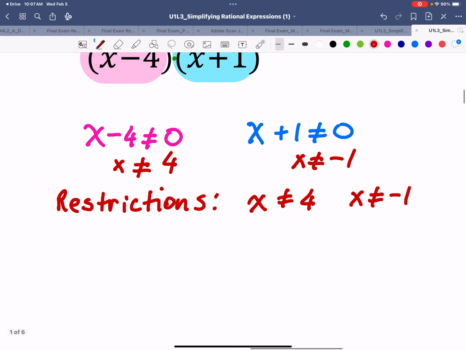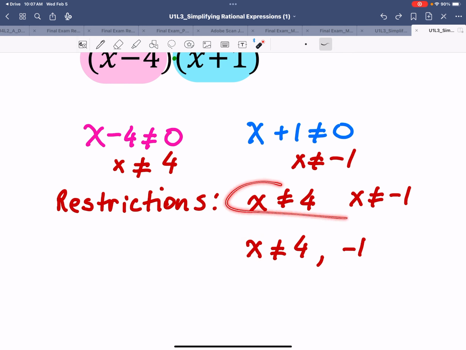Some people like to write this as well: x different than 4, comma, negative 1. And that is totally fine. I encourage you to, for now, separate the restrictions from one another, because you don't want to confuse yourself when you write the numbers very close to each other and then assume that it's some decimal number.